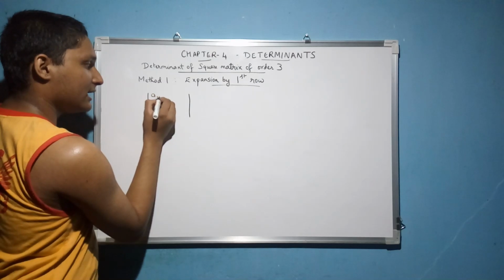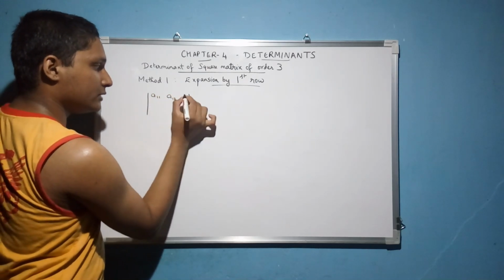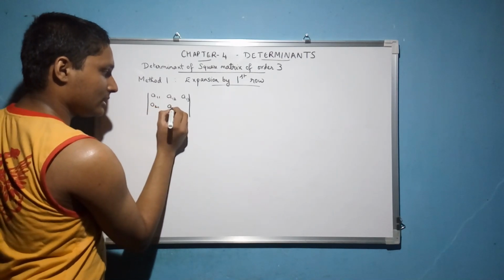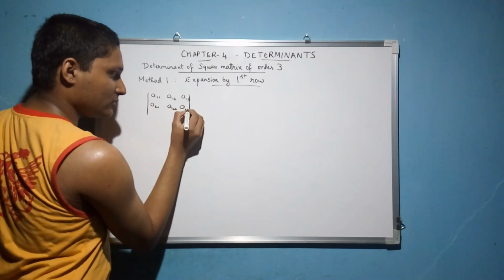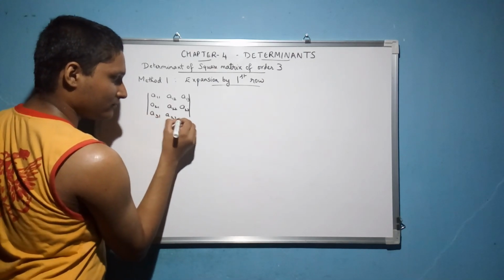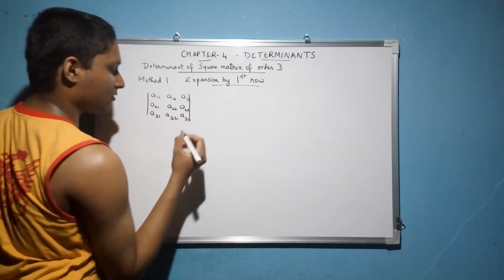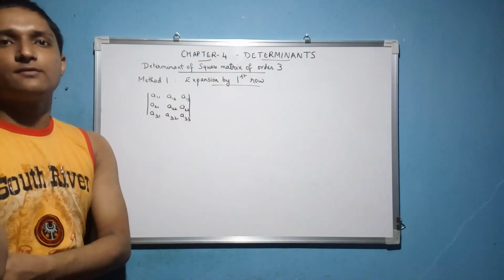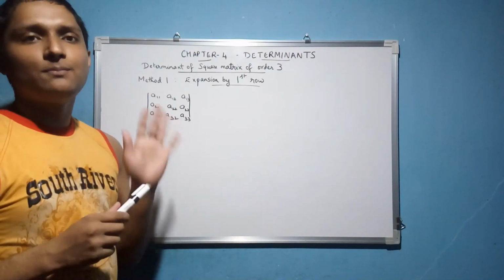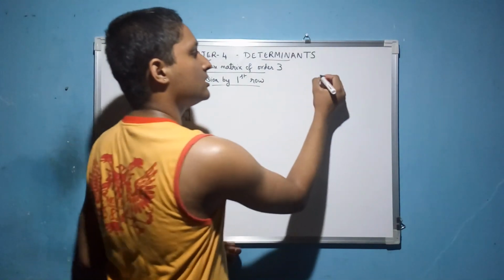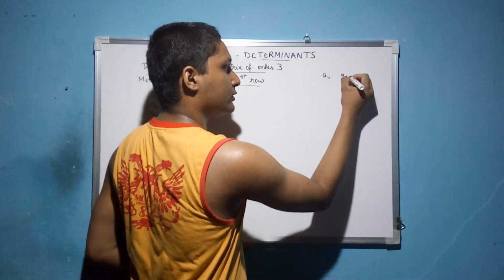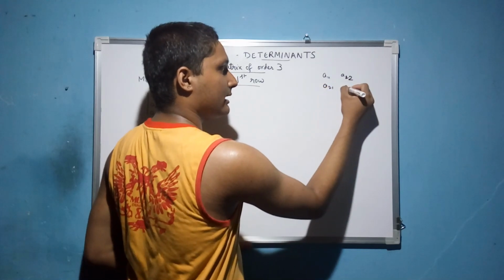So it is going to have A11, A12, A13, A21, A22, A23, A31, A32, A33. This determinant we are asked to find out. Now, in the second one, it was directly like this: A11, A12, A21, A22.